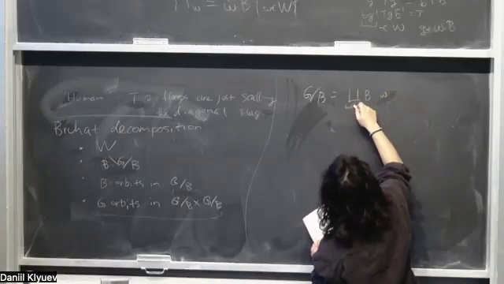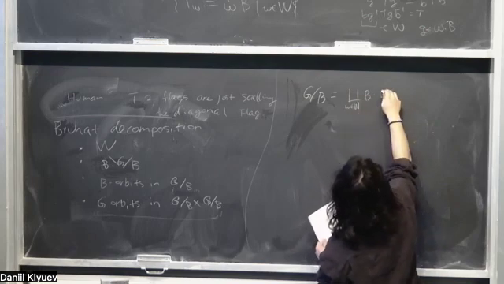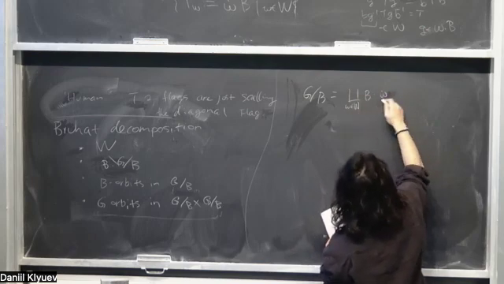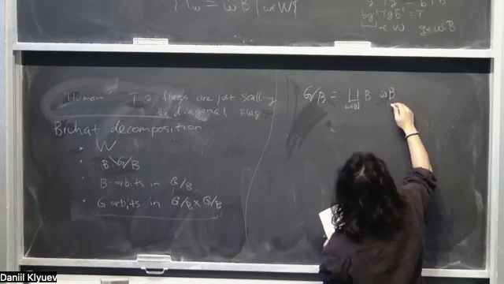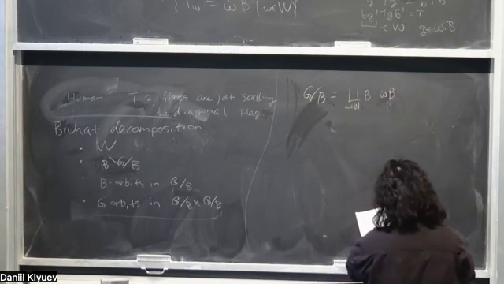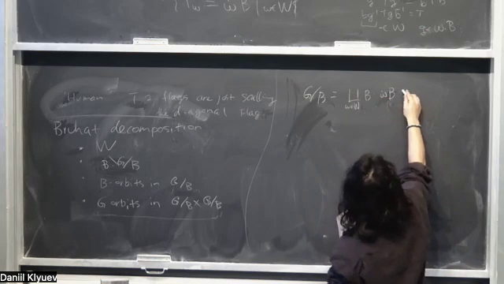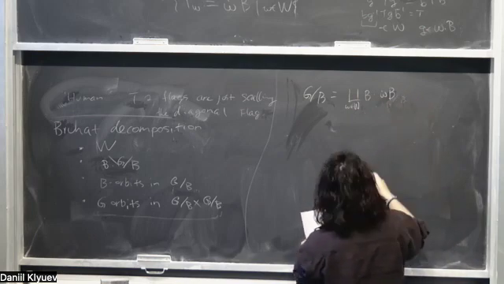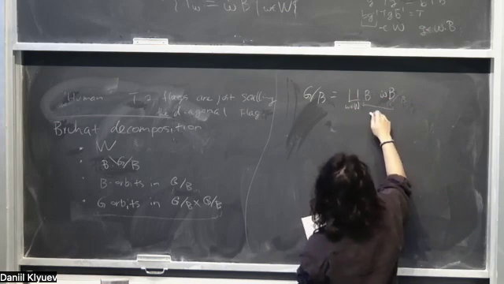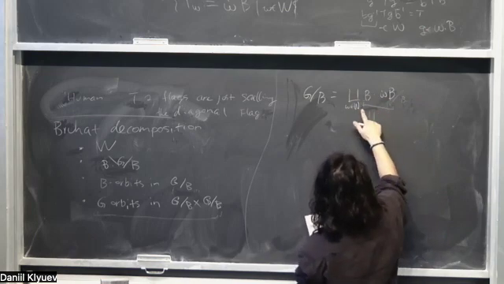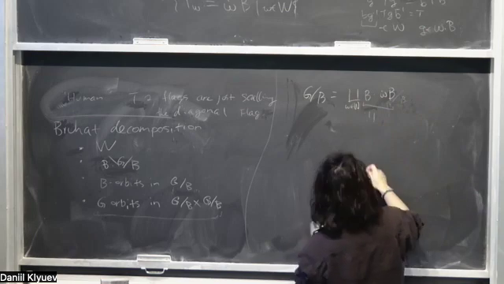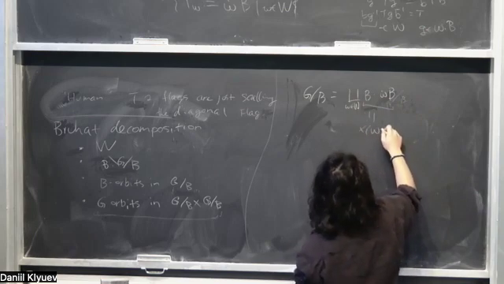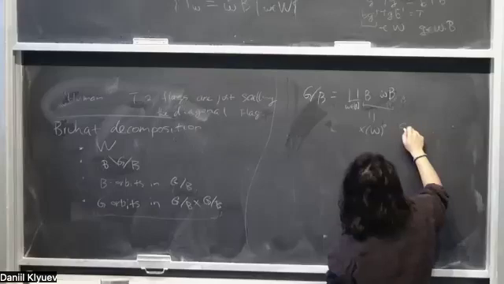So W, you pick some representative in B, so these are cosets, and these are the Schubert cells.